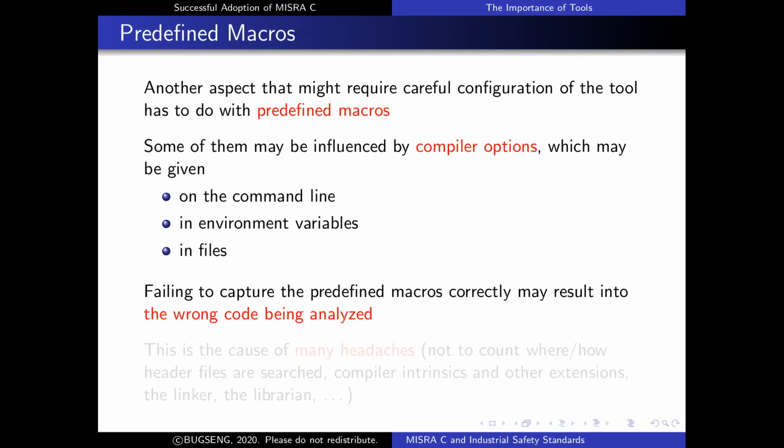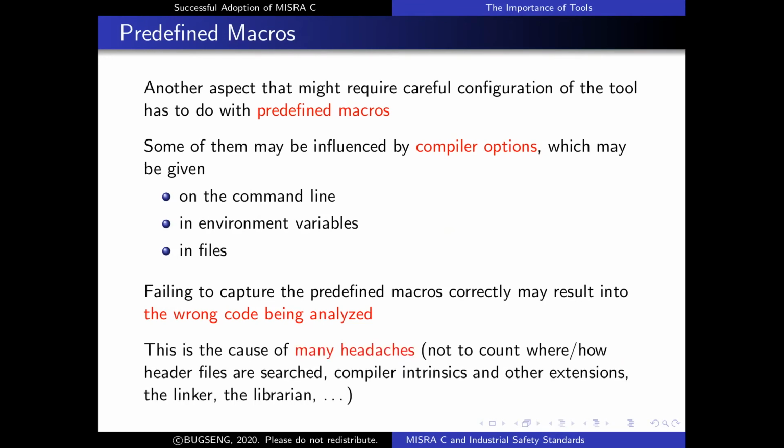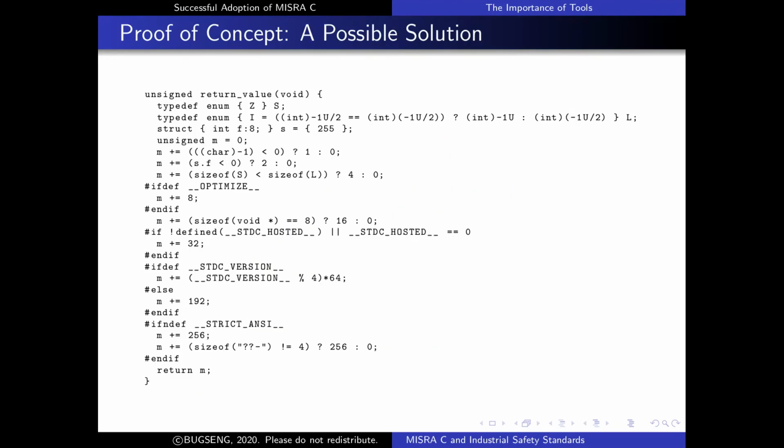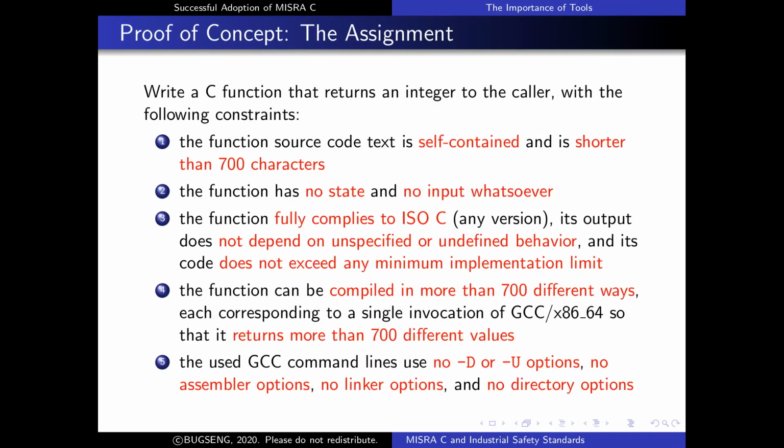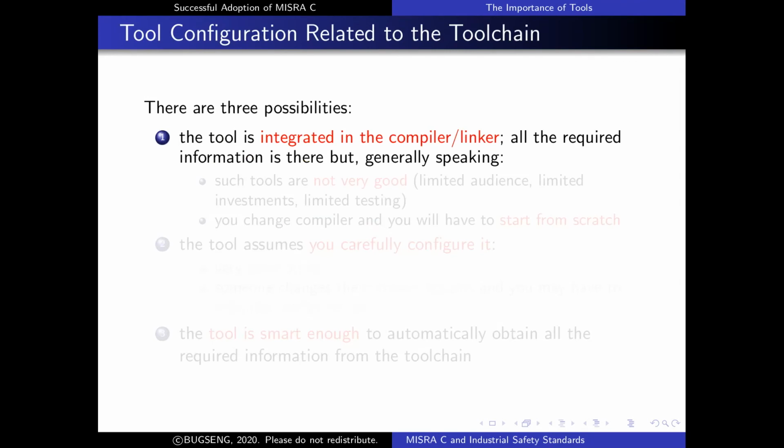Your compiler predefines a certain macro, so it compiles a certain section of the code. The tool has not been adapted to this, and so you analyze a different section of the code. Okay, I skipped this because it's late. I had in mind a demonstration, but we will give a webinar precisely on this because it is a very interesting topic.